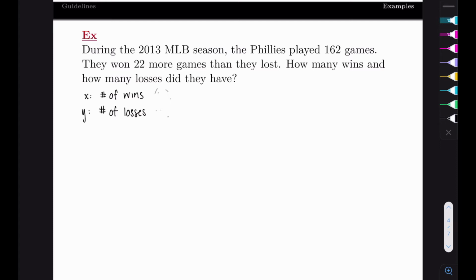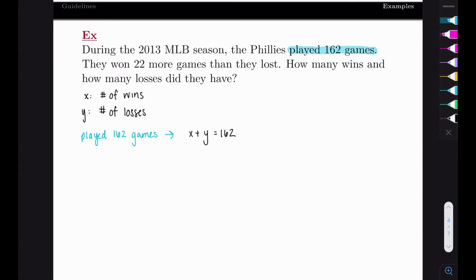L's tend to look like ones after a bit, so I'm just going to do X and Y. So our first piece of information is that in total, they played 162 games. As a result, if we sum up the number of wins and losses, it should add to 162. So we can create the equation that if we add the number of wins and losses, it better equal 162.